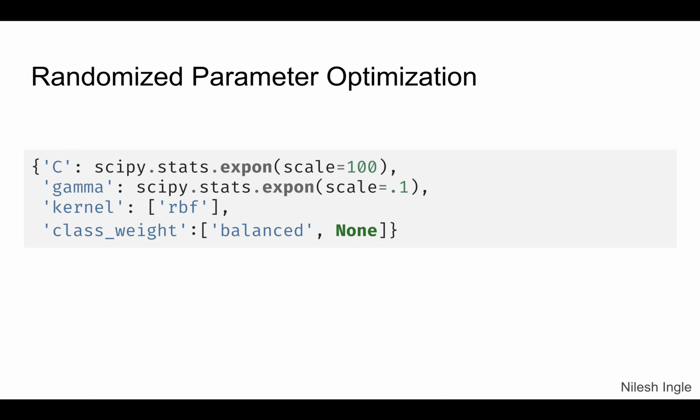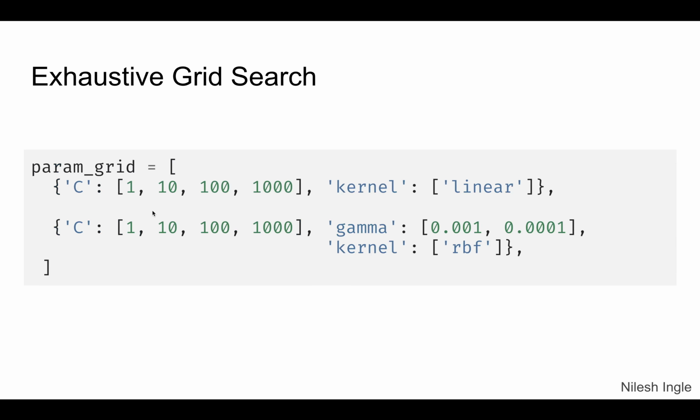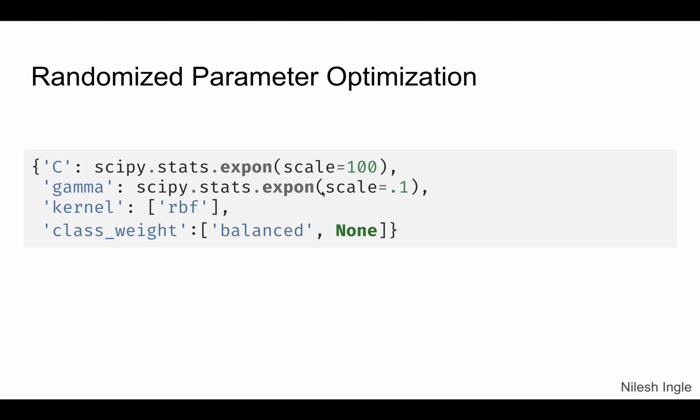There is another method which is called randomized parameter optimization. The difference here is that instead of specifying values directly, we can also input a distribution. So here for C, the input is scipy.stats.expon. So we are inputting an exponential distribution.